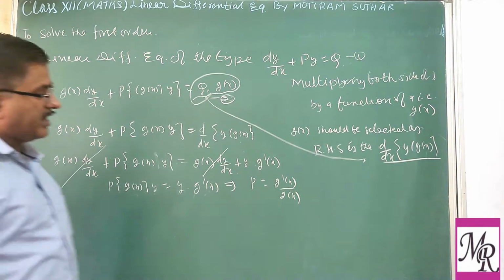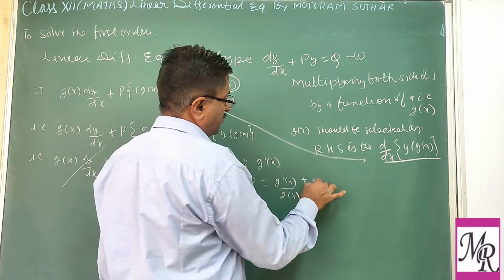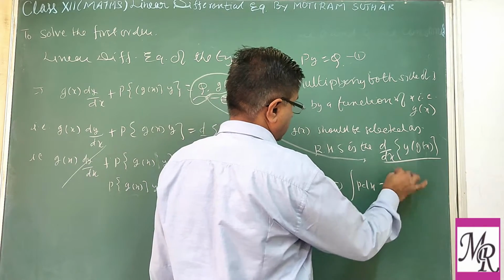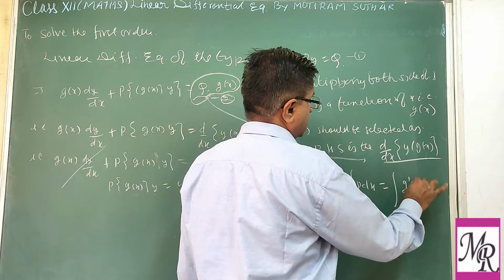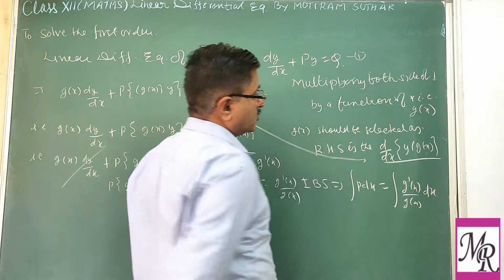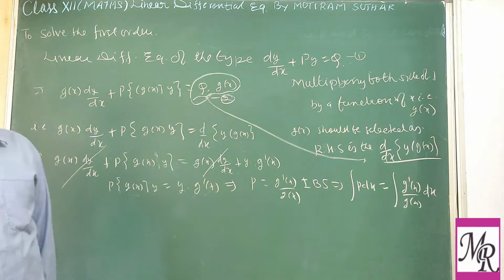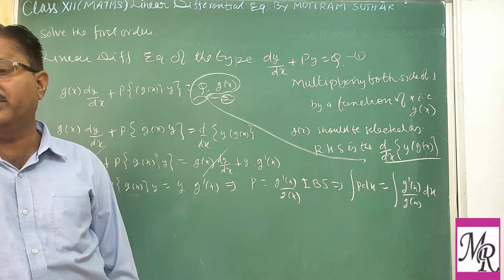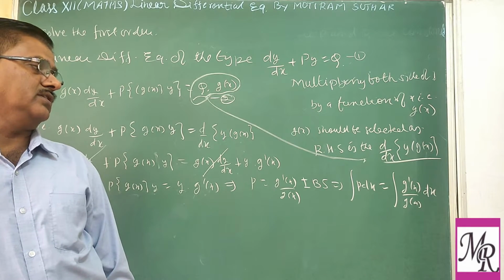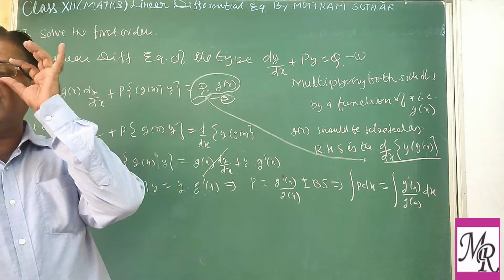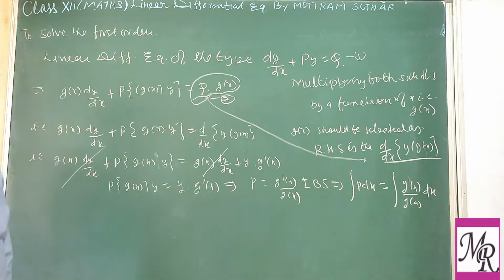Now integrating both sides, we get the integration of p dx equal to the integration of g dash x upon g(x) into dx. On the right hand side, the numerator is the derivative of the denominator, that is g dash x over g(x).